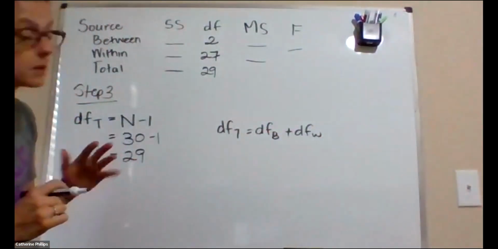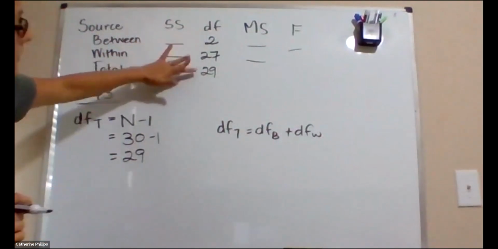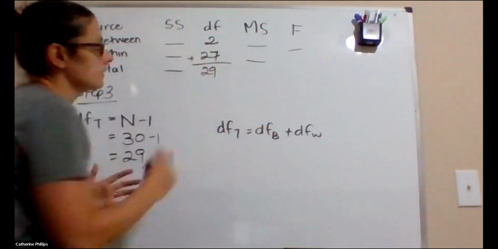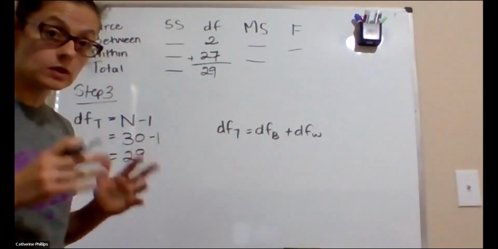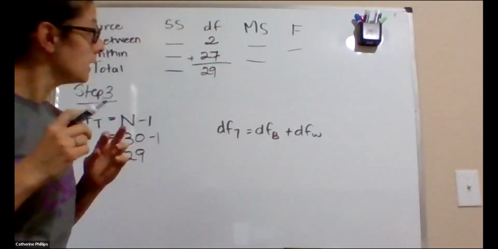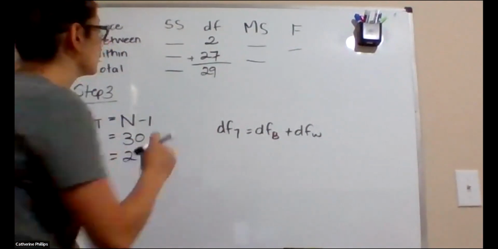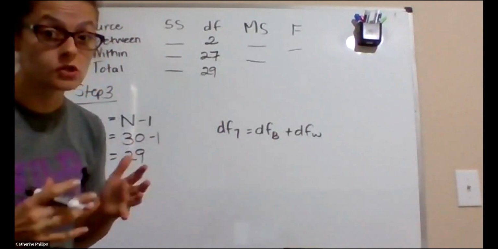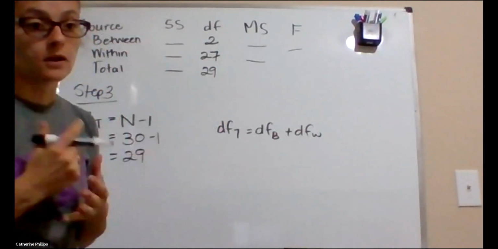And we would have gotten the same answer. 2 plus 27 equals 29. If you look at the Anova summary table, it is organized in a very intentional way, showing us some of those relationships in the calculations.